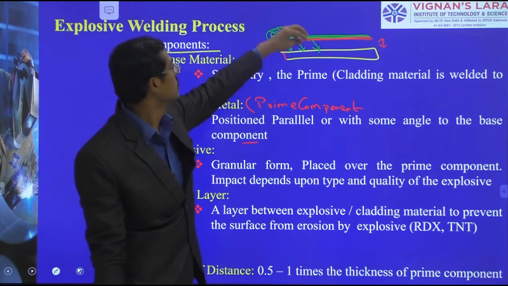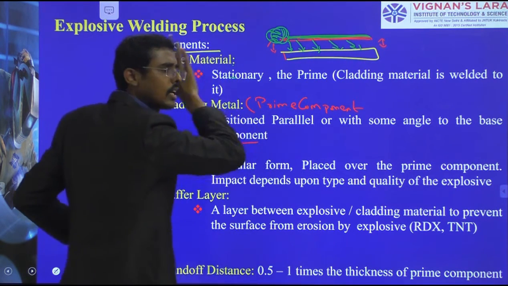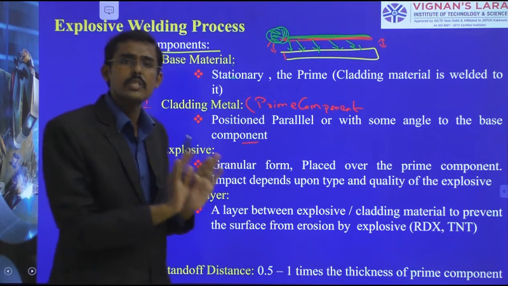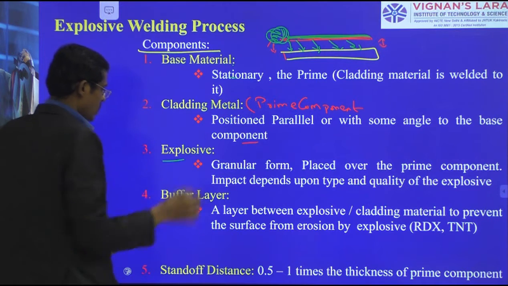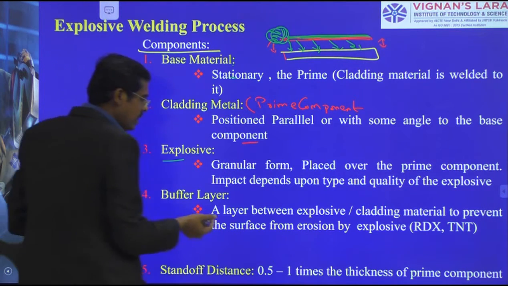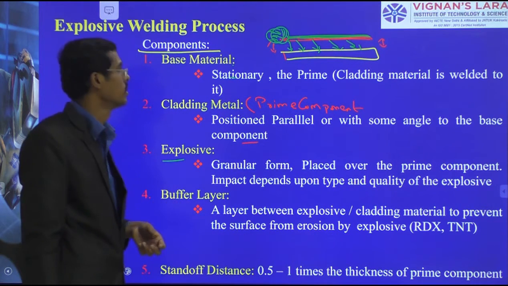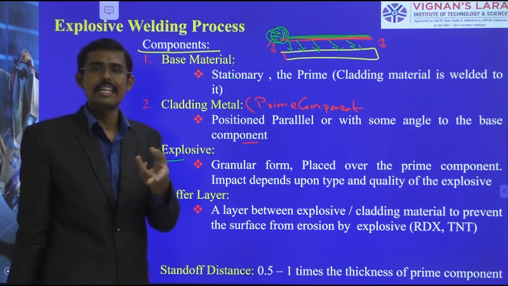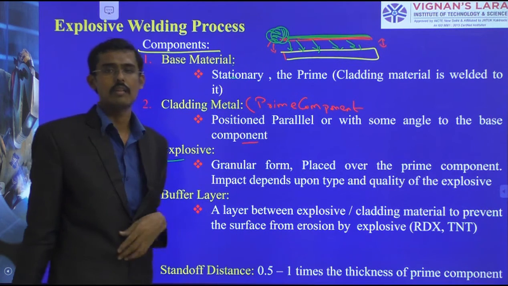This is impinged, again this is impinged. So it continuously happens, and the impinging force creates the cladding welding. The buffer layer is one layer between the explosive and the cladding material. This explosive has a chance of damaging the cladding material.